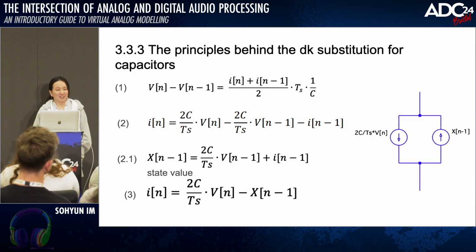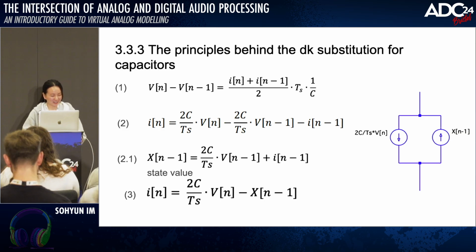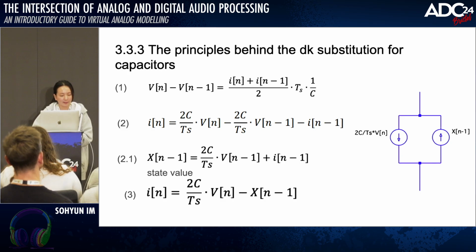Sorry for so much math. So we take equation 1 using the discrete signal n and n minus 1 expression, and reorganizing it for the current I flowing at the nth discrete signal results in equation 2. So we just rearrange it with respect to I of n.